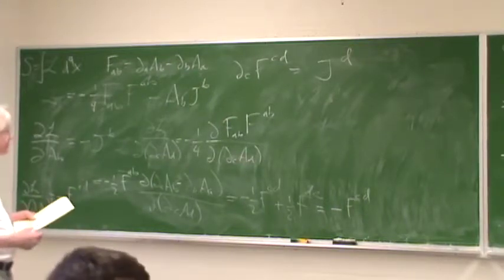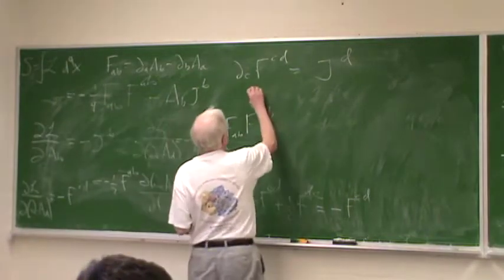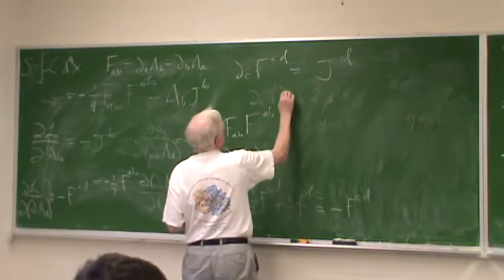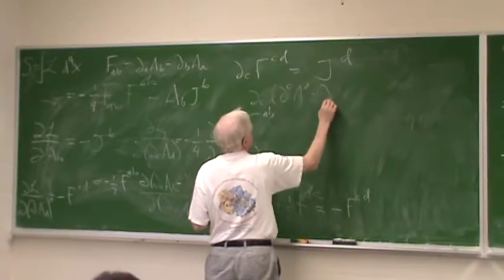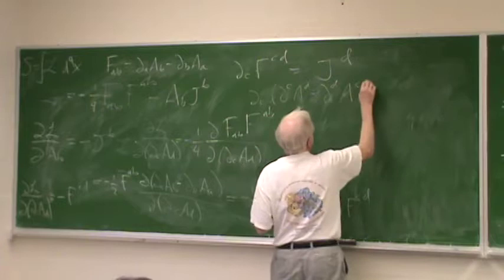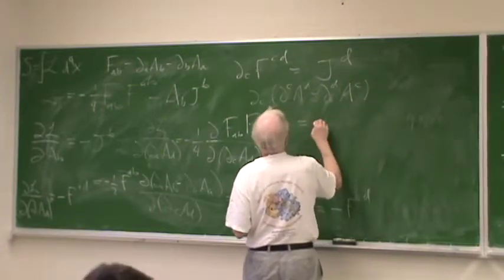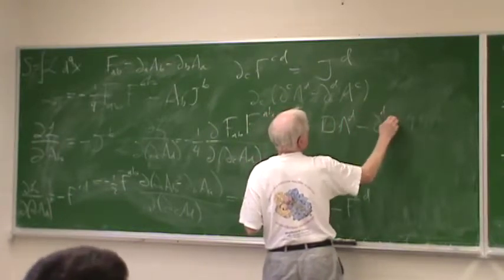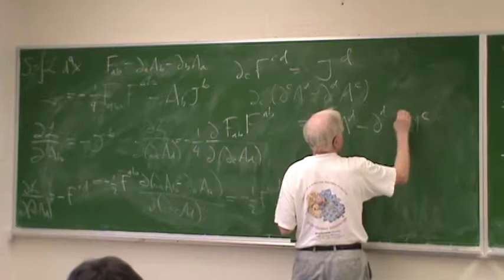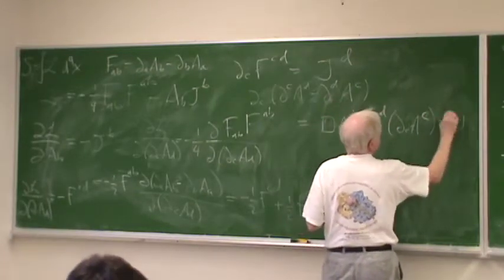No. Okay. All right. Now if we substitute for what FCD is, this is DC AD minus DD AC, which is box AD minus DD of DC AC equals JD.